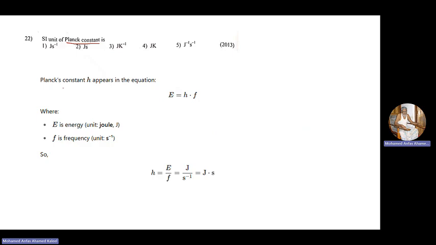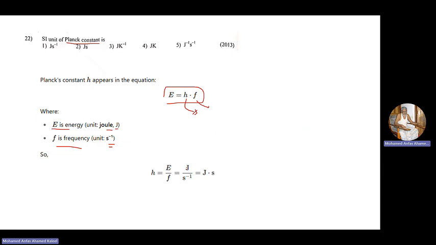Anyhow, in the equation E is equal to hf, h is Planck's constant. The energy E is measured in joules, and f is the frequency. The frequency is 1 over T, so the SI unit is second minus 1.